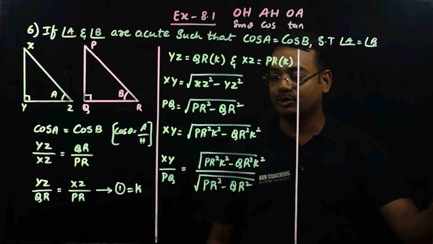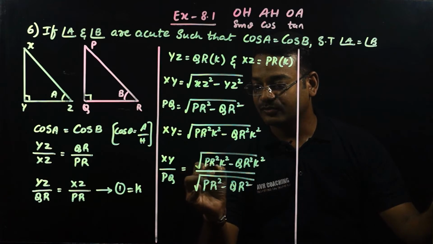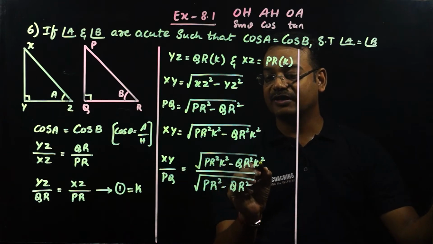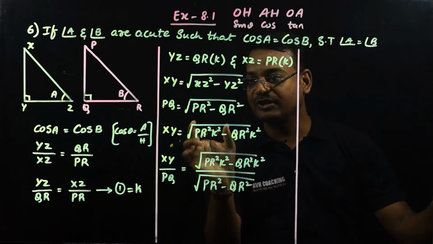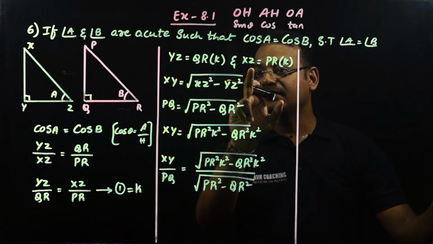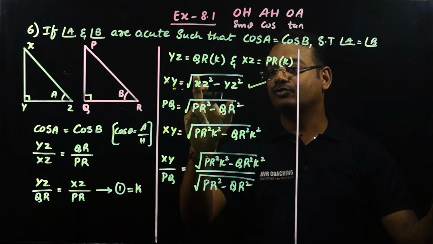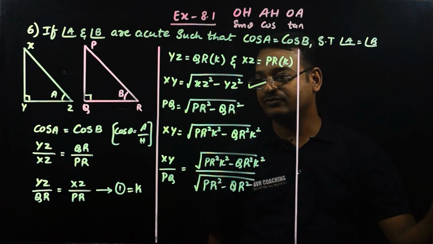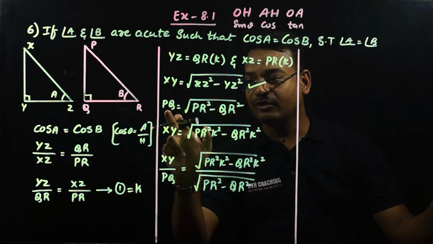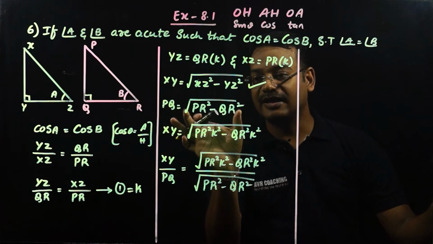So XY by PQ equals root of PR square K square minus QR square K square, over root of PR square minus QR square. Hope you understood this. We are just substituting the values of YZ and XZ in the formula XY is equal to root of XZ square minus YZ square, and we are not substituting anything for PQ. We are keeping it as it is.